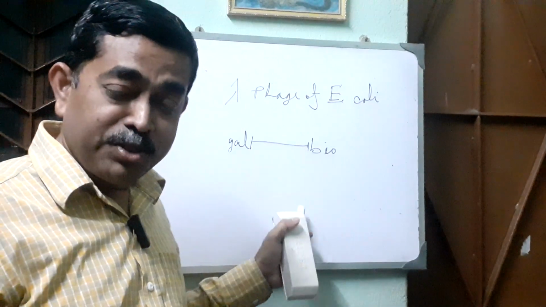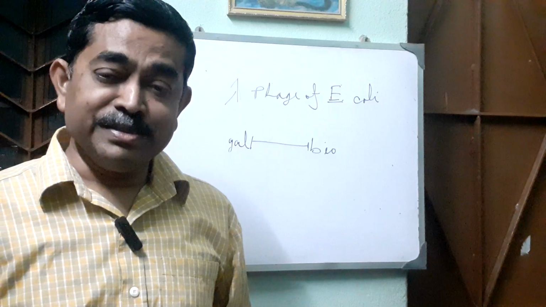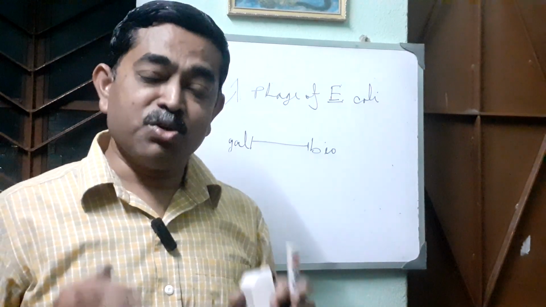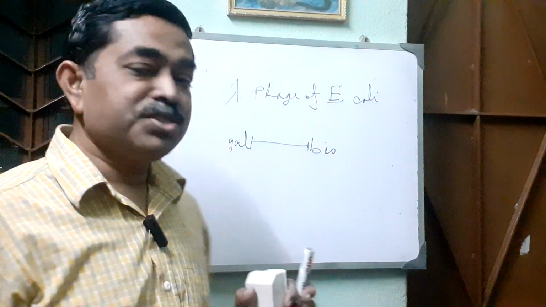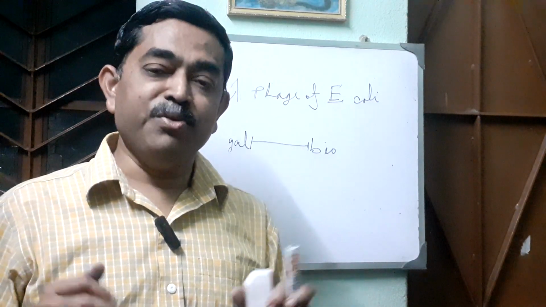This bacteriophage and the plasmid are used as a carrier for the gene transfer method. This is called transduction. So I think it is enough for today. Next time we will meet again.